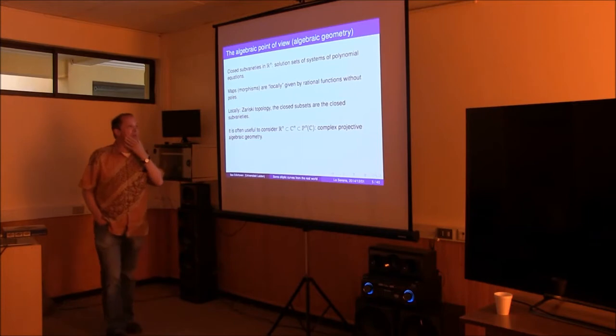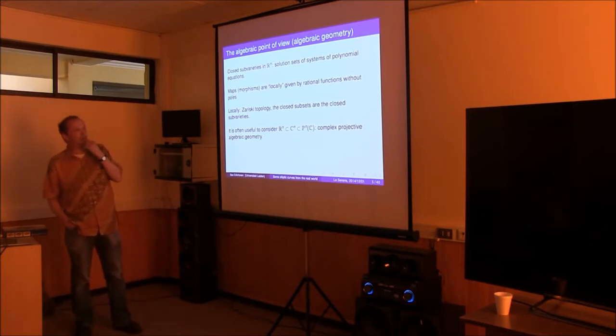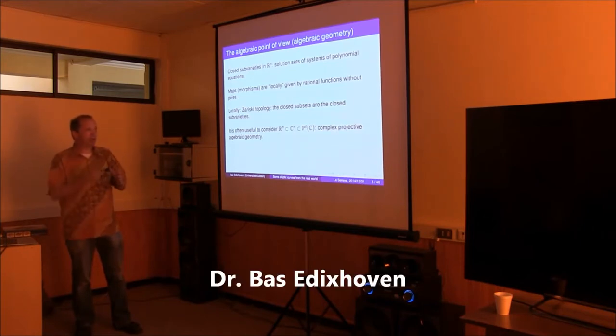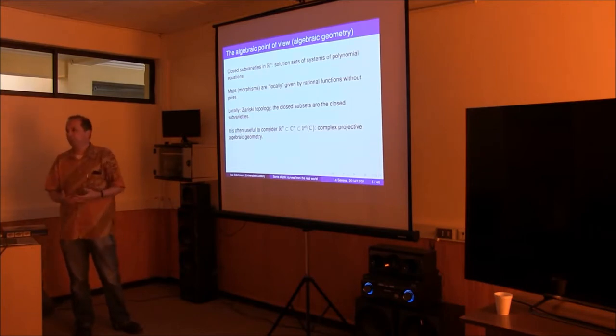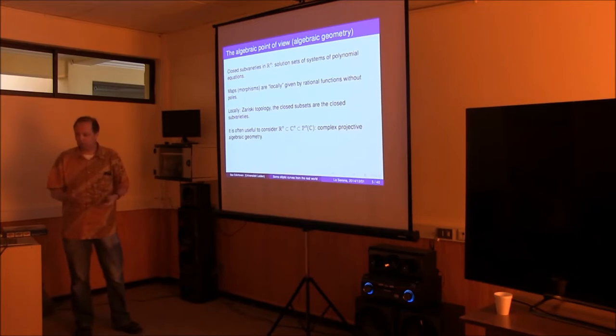Now, I'm not going to say much about projective space. We will see a picture of it. In analysis, you like compact sets better than arbitrary sets. And for an algebraic geometer, the projective space has the same properties as a compact topological space for people in analysis.